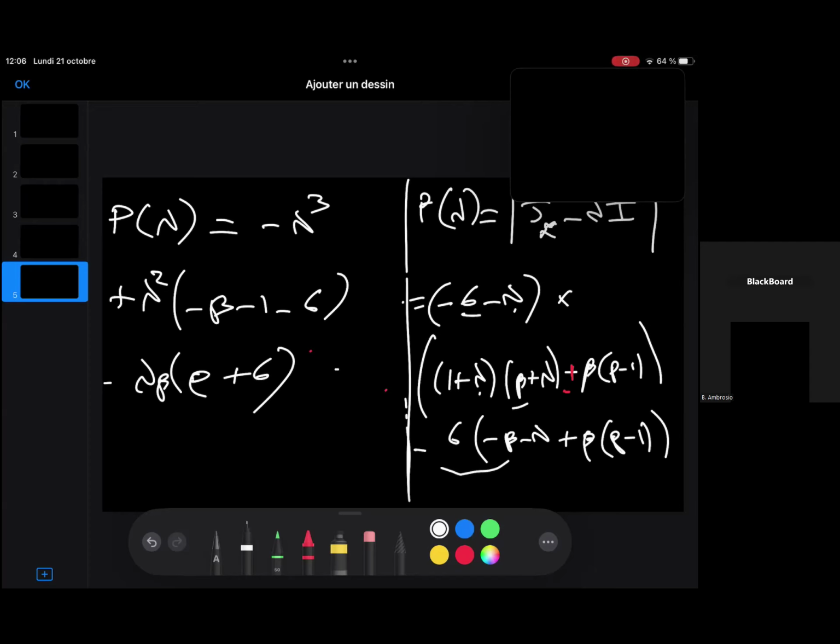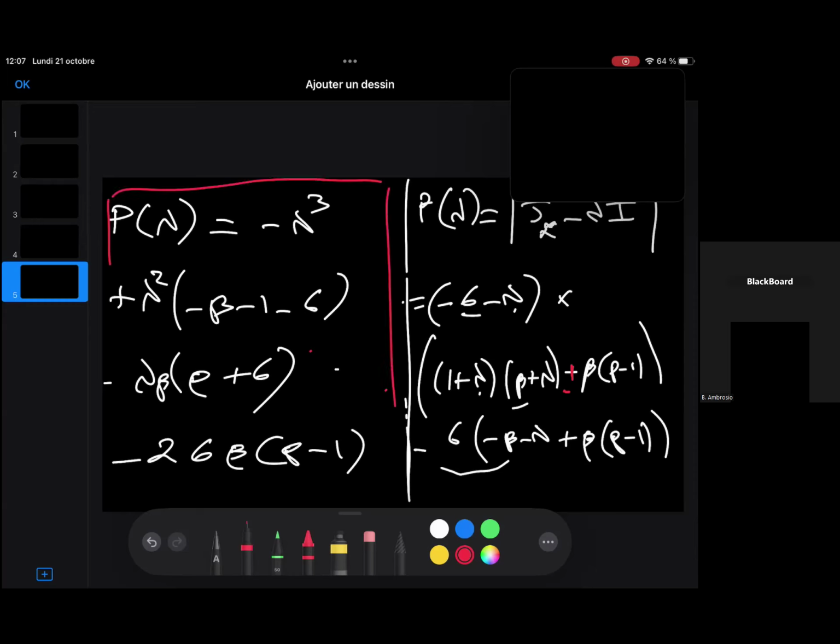That cancels. And minus sigma beta rho minus 1, minus sigma beta rho minus 1. So we get minus 2 sigma beta rho minus 1. And that's our V of lambda.